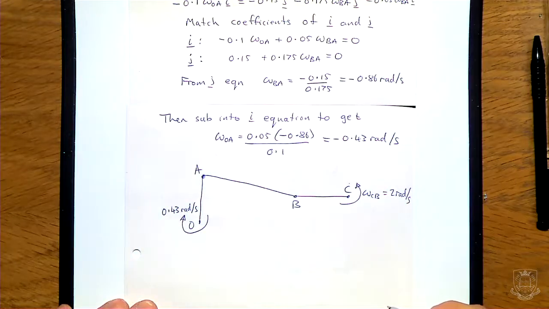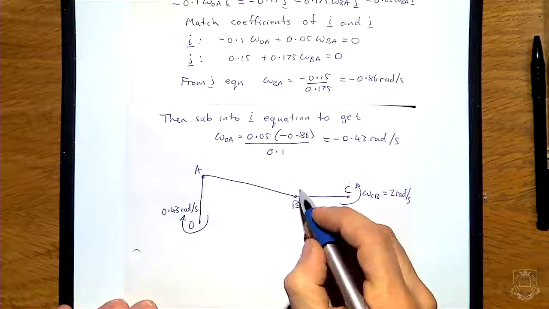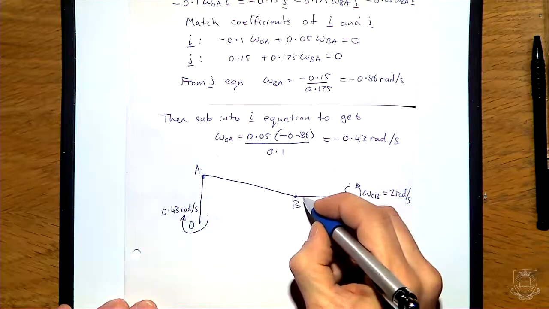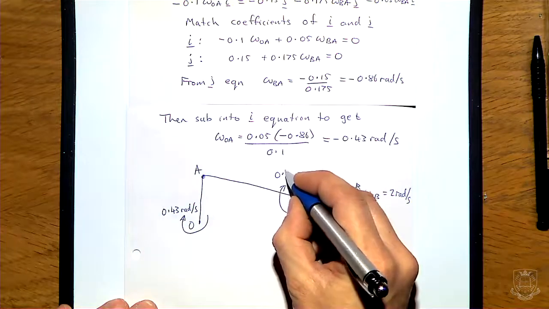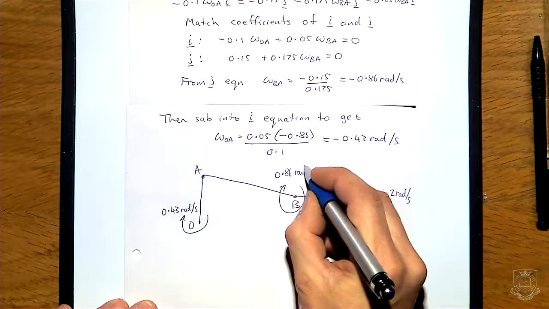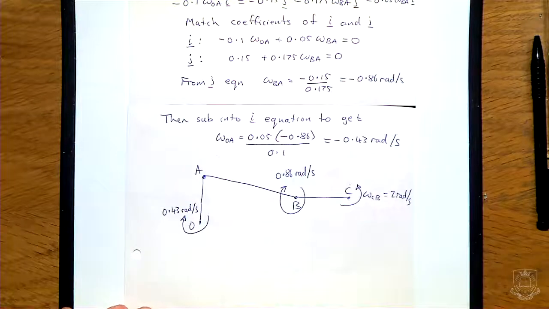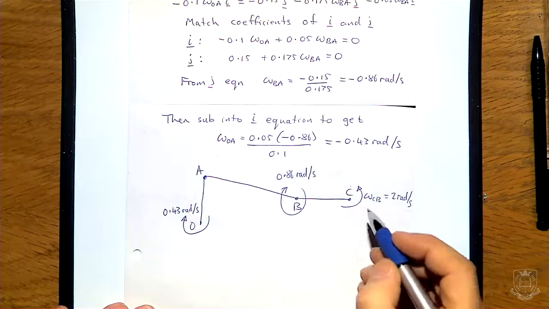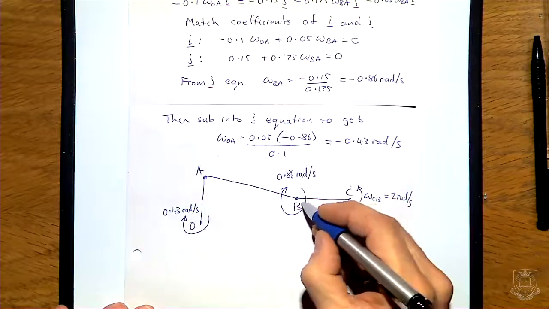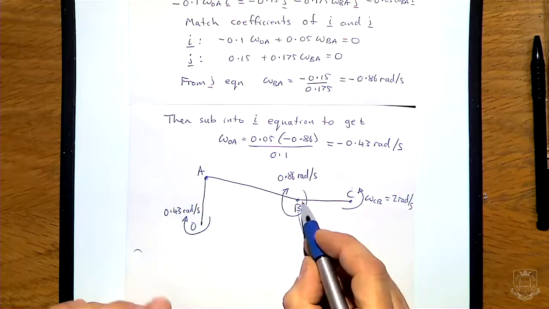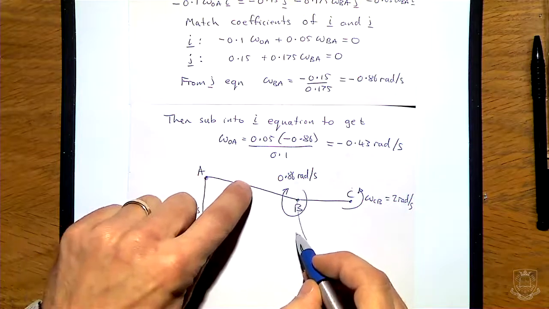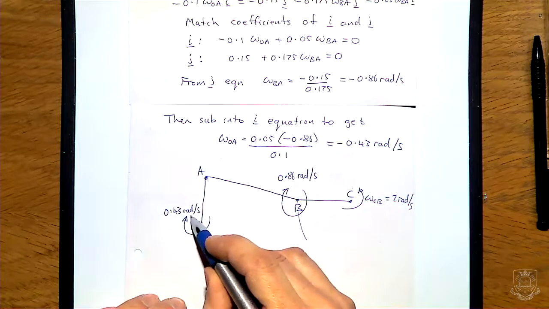And likewise, this is also going in the negative direction, and this is 0.86 rads per second in magnitude. And it follows the logic, doesn't it? Because if this is rotating this way and this point's then coming down, following that circle, it's pulling this down and in this direction, and it's pulling this one in this direction.